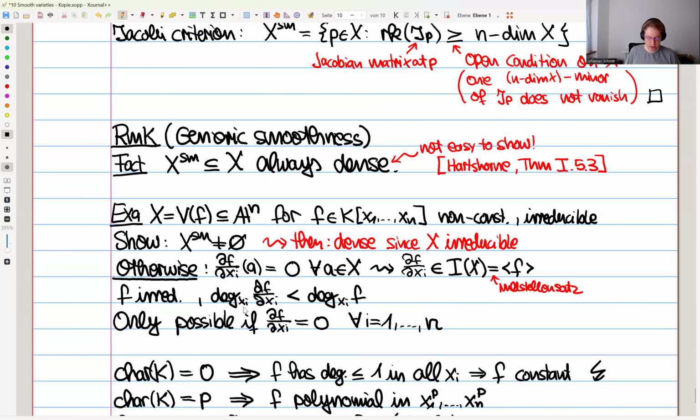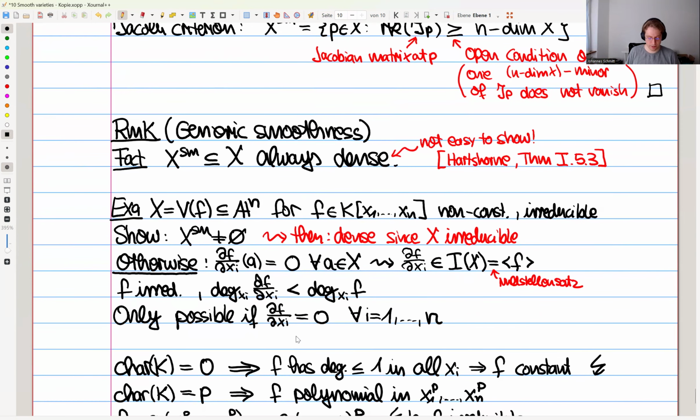Because the degree in, let's say, the variable xi of this partial derivative is strictly smaller than the degree of xi in this function f itself. And so this can only happen if, in fact, taking this derivative got you the 0 function. That's the only function whose degree can possibly be smaller than this one here.